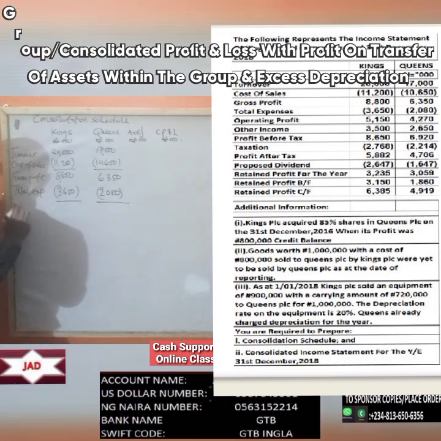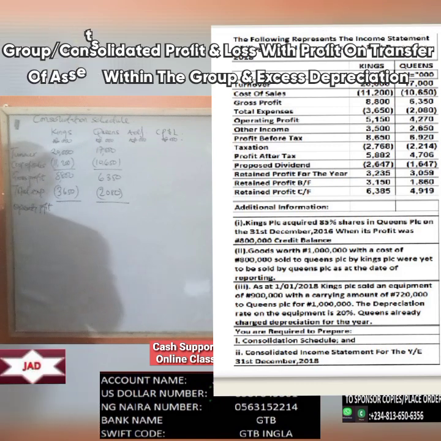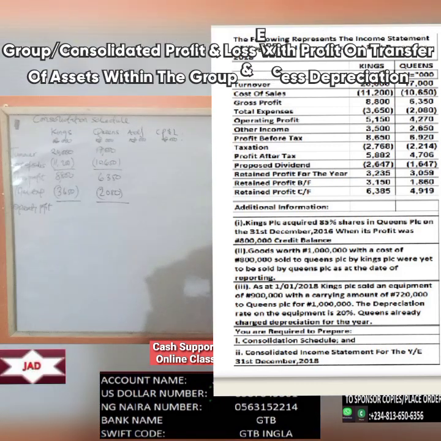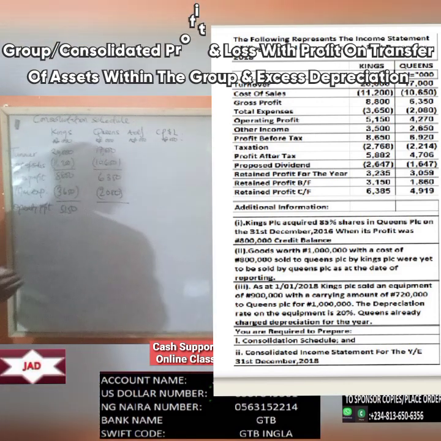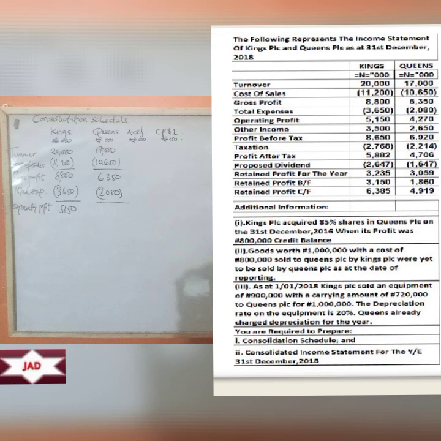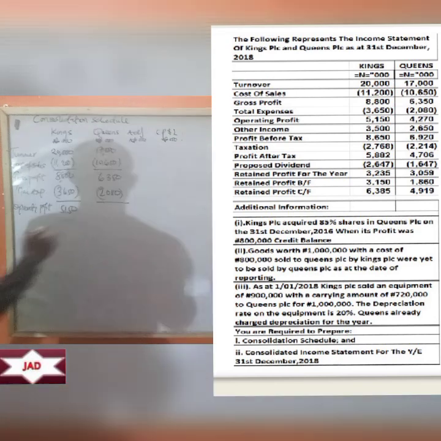So this is operating profit. What's the operating profit? 5,150. What do we have? 4,270.